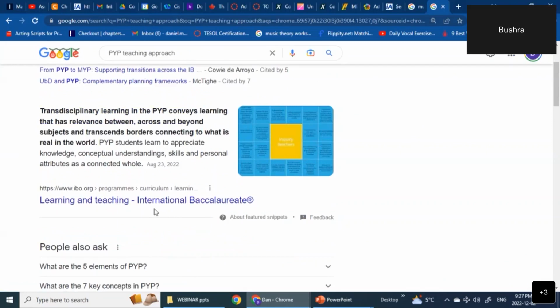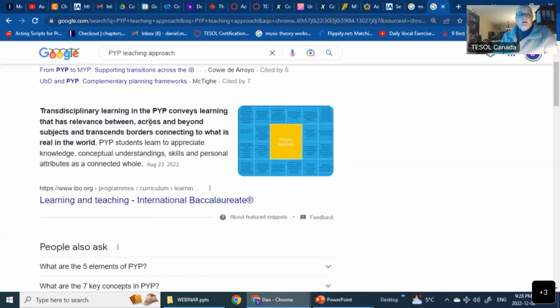Well, STEM-based learning looks at each individual subject by itself. But this PYP approach is more of a cross-disciplinary, cross-curriculum approach.